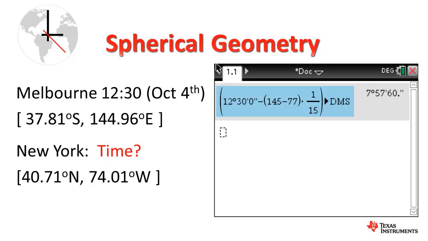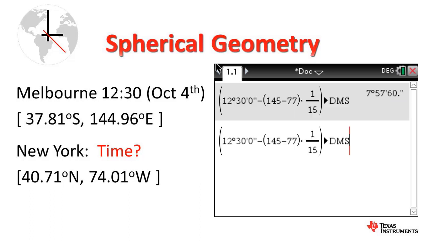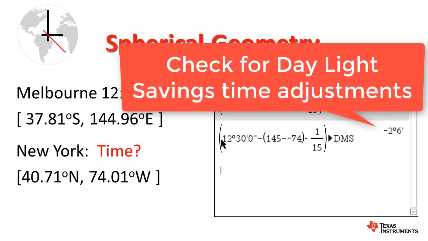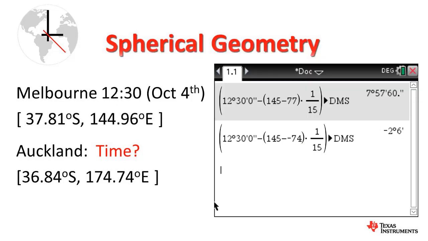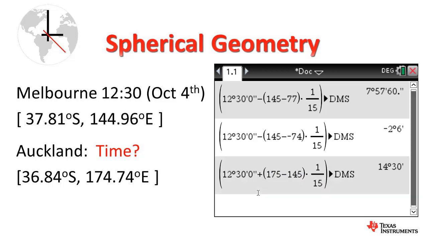Likewise for New York, I still use the minus option. Going to Auckland. Auckland is ahead of Melbourne time, so plus over there. This is the longitude difference, and we see that the time there would be 2:30 p.m. So this tells us that Auckland is 2 hours ahead of Melbourne.